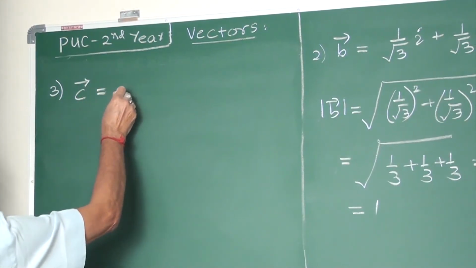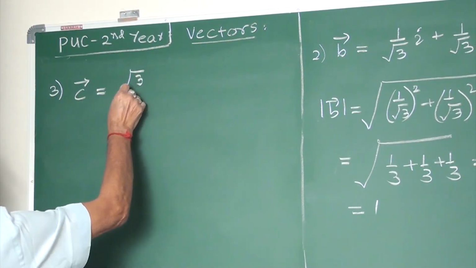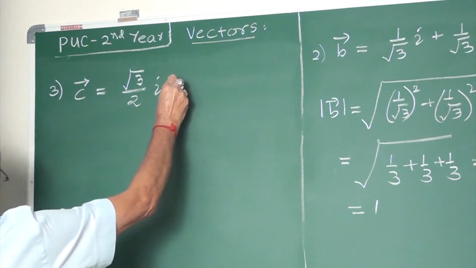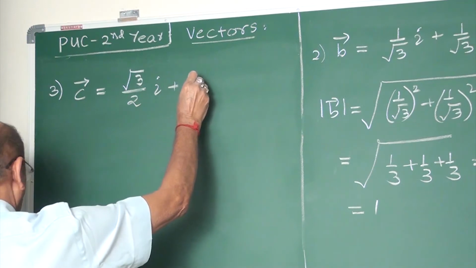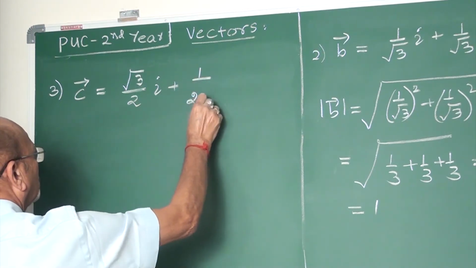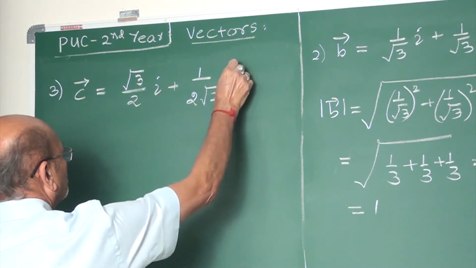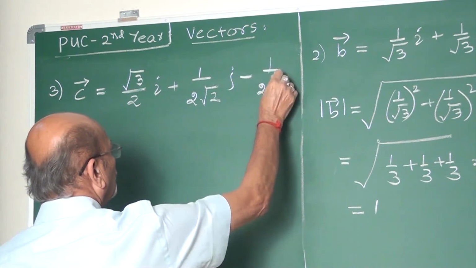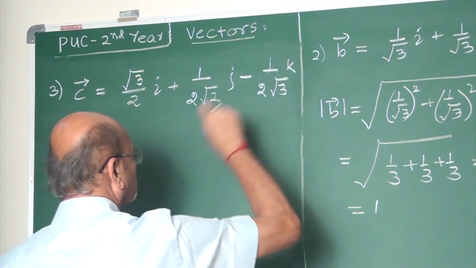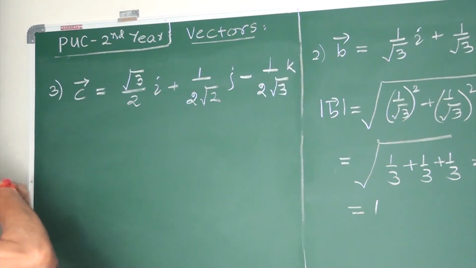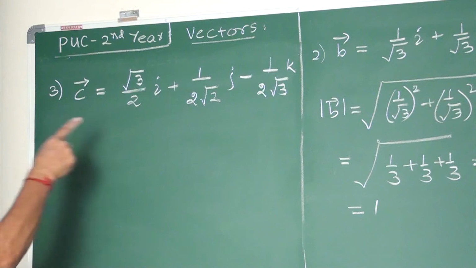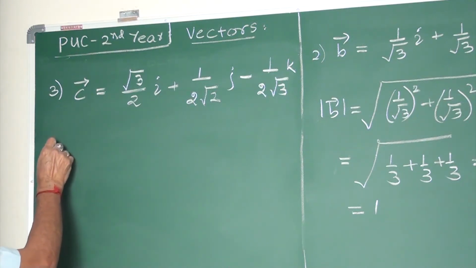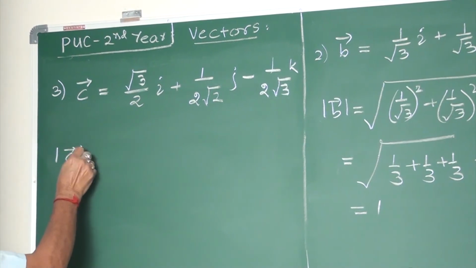Vector C equals root 3 by 2 into i plus 1 by 2 root 2 into j minus 1 by 2 root 3 into k. You have to find once again its magnitude. Same, my friend, magnitude of vector C.